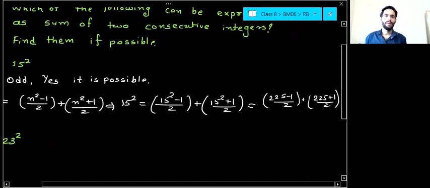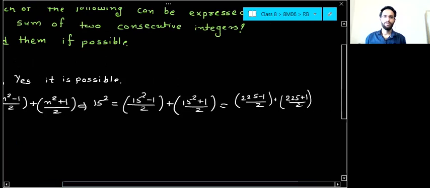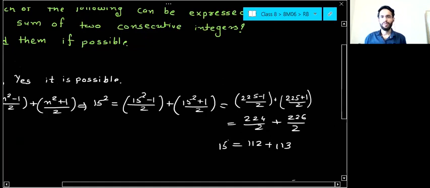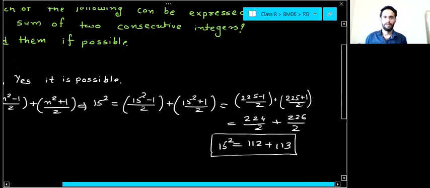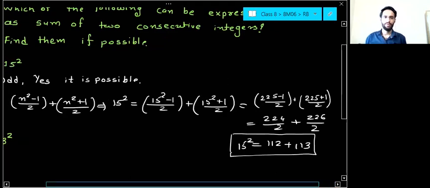Now 225 minus 1, that is 224 by 2, plus 226 by 2. This is equal to 112 and this is equal to 113. So 15 square can be written as 112 plus 113. This should be our final answer. Everyone got this? Tell me. Yes, sir. 15 square equal to 112 plus 113.